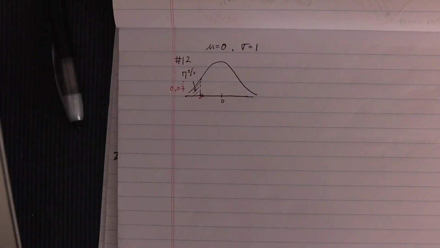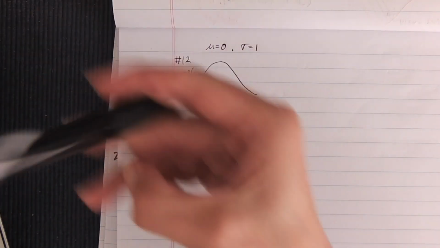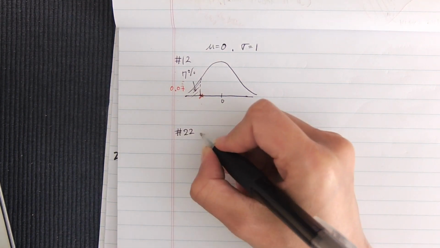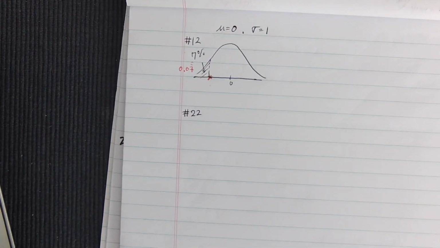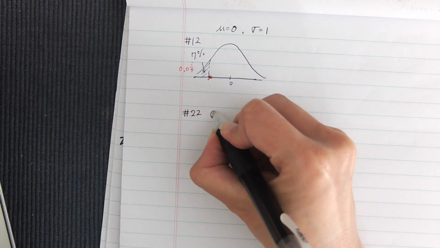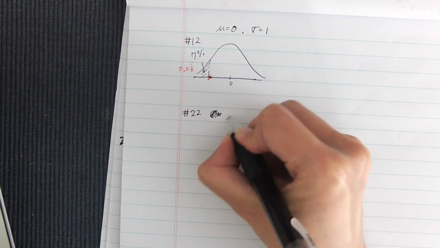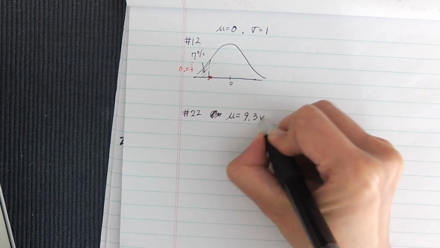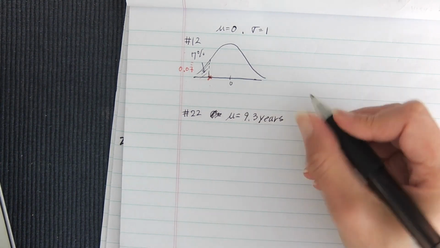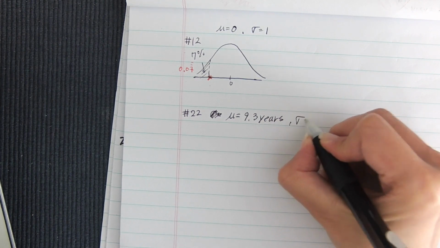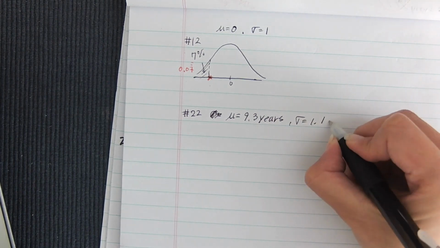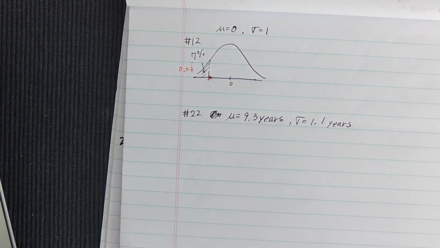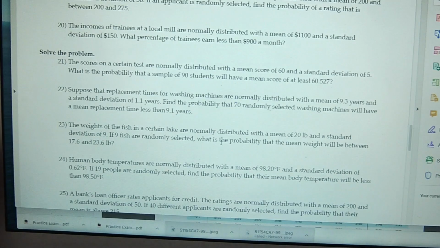Okay, so let me write it again. Number 22, right? A washing machine's mean is 9.3 years. The standard deviation is 1.1 years. Read the question very carefully.